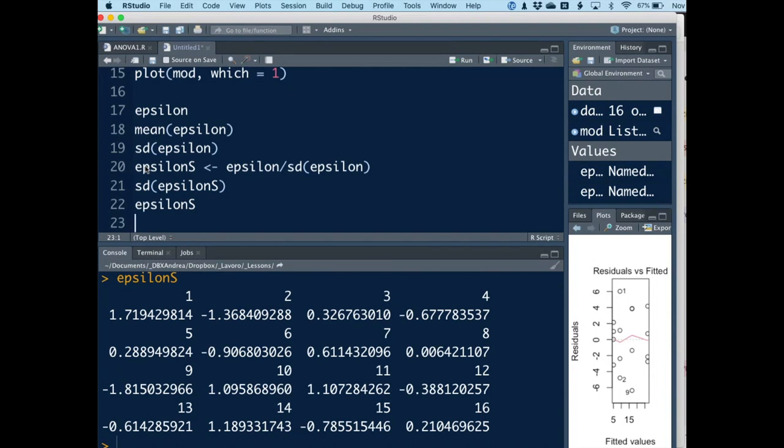Clear? So we need to make sure that these residuals are sampled from a standardized Gaussian distribution. And now, how do we do this? We have 16 residuals here. Look, 16. So we have a way to get, first of all, we sort them.